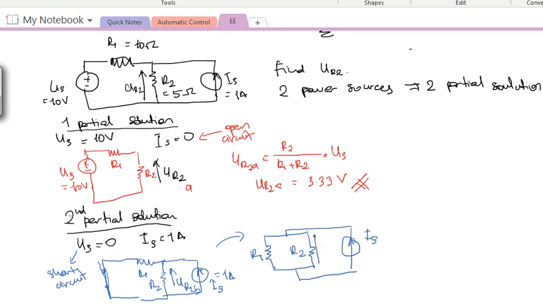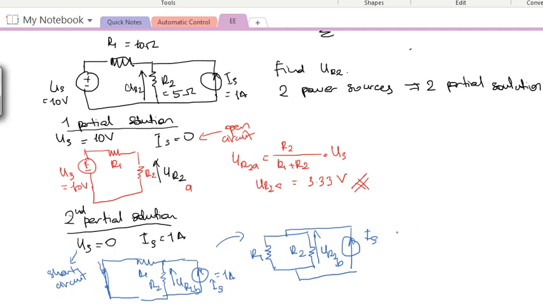So UR2B is the voltage between the terminals of the parallel resistances R1 and R2. In partial solution 1, what you needed to use was the voltage divider properties. Now what we need to use is the properties of parallel resistances, which you transform into an equivalent resistance.